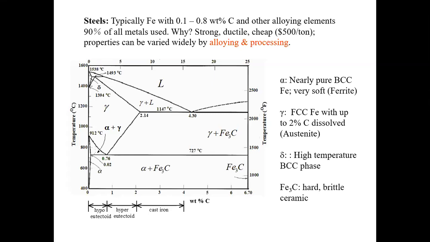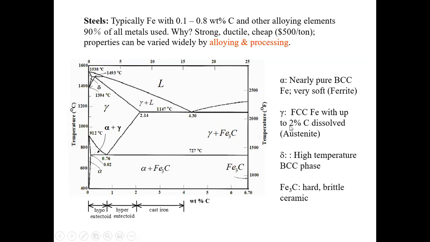Again, we're not going to go through this in detail because this is not a physical metallurgy class. But I just want to point out there are many different solid phases that can form for iron. You have the alpha phase, you have the gamma phase, which is typically called austenite, and you have this delta phase, which is a high temperature phase.